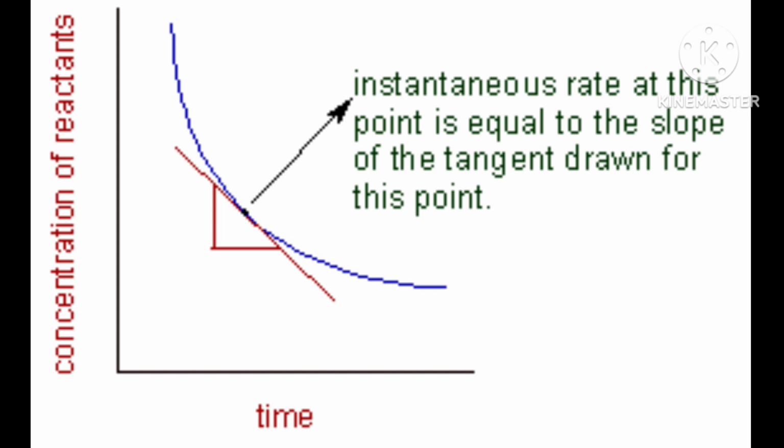Rate of decrease is equal to rate of formation of product, increase. Rate of decrease of concentration is equal to the rate of formation of product. One side it is decreasing, the other side is increasing at the same time.